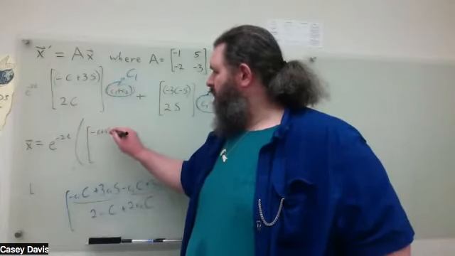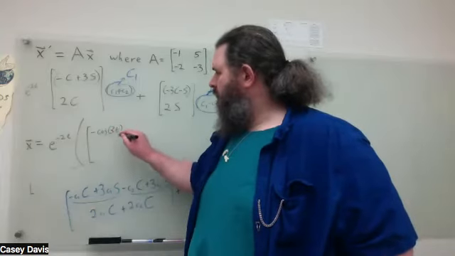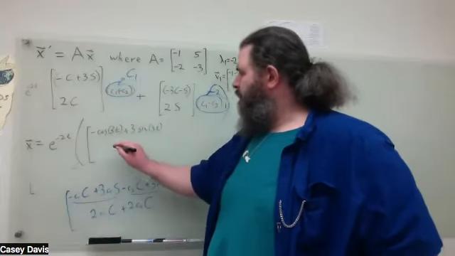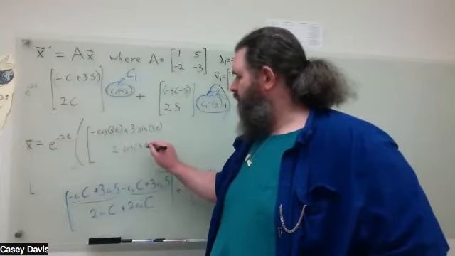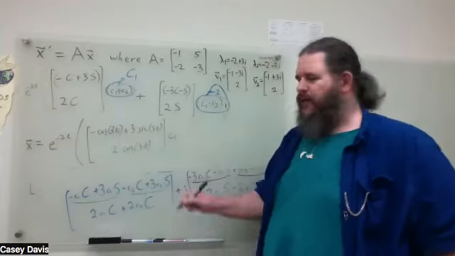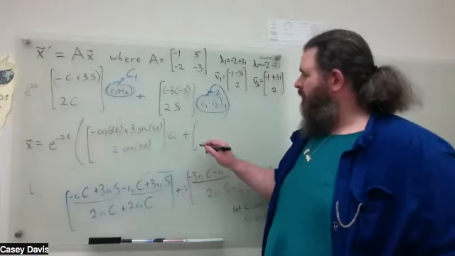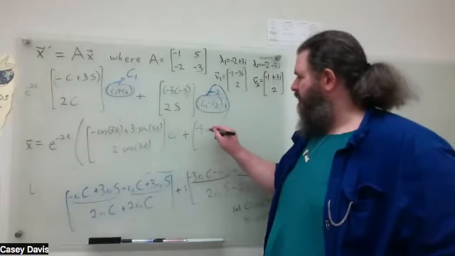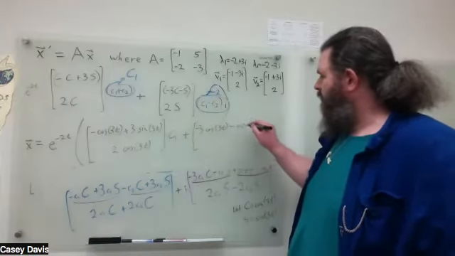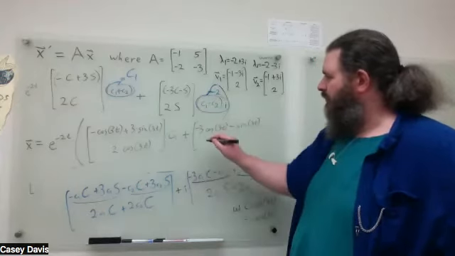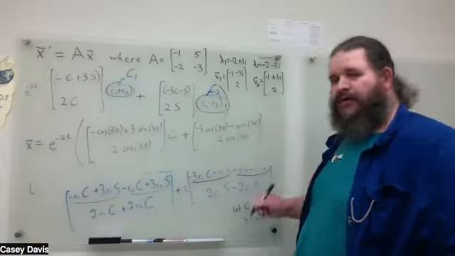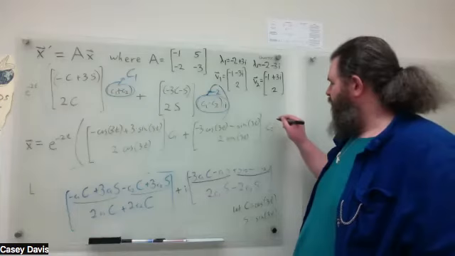Negative cosine 3t plus 3 times sine of 3t, 2 times cosine 3t, all times some unknown constant C1, plus -3 cosine 3t minus 1 sine 3t, 2 sine 3t, all times some unknown constant C2.